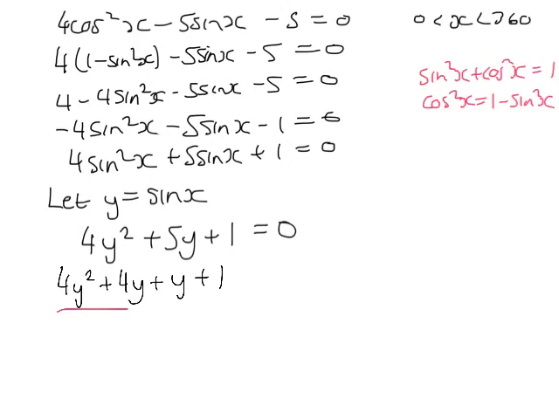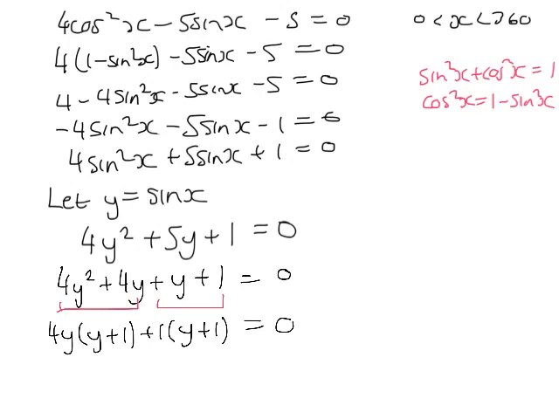And factorizing these two terms and these two terms independently, we get 4y we can take out as a factor there. So 4y into y plus 1, and we've got a common factor there of 1 times y plus 1 equals 0. So this factorizes to 4y plus 1, y plus 1 equals 0.